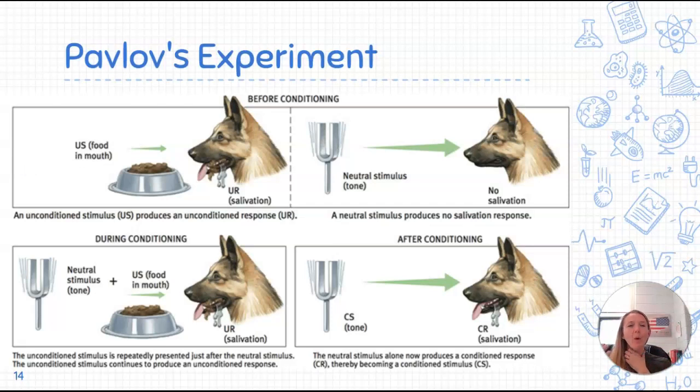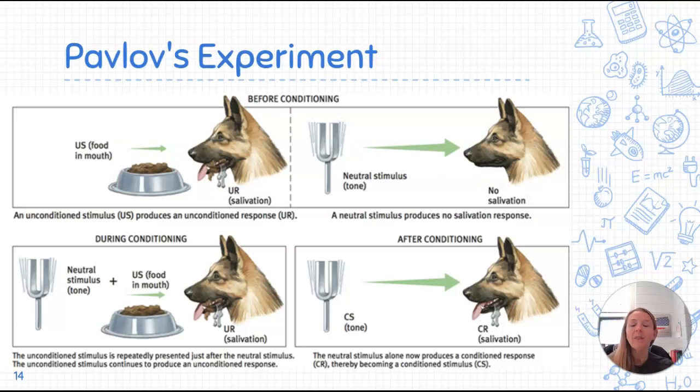What Pavlov ended up doing is he noticed that the natural thing, an unconditioned stimulus, is food. The unconditioned response, the normal response when a dog is presented with food, is for the dog to salivate. So that's normal. Your unconditioned stimulus produces an unconditioned response. Something naturally causes a response to happen.